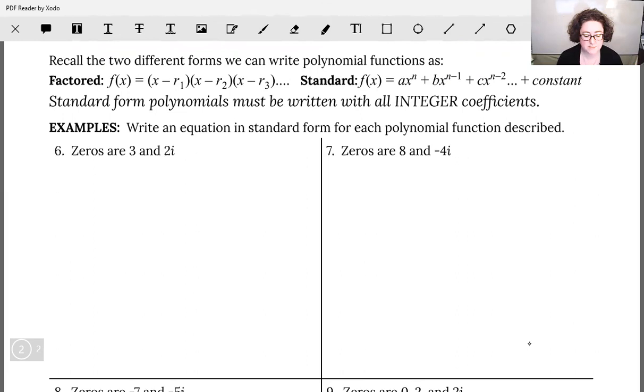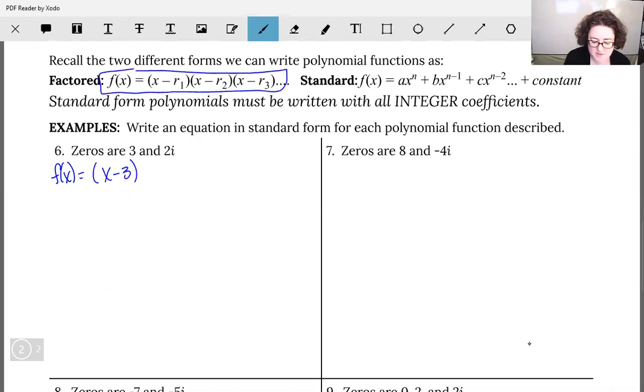So first example, number 6, our zeros are 3 and 2i. Well, 3 is a real number. I don't have to do anything fancy with that. So when I write that part out, I'm just going to write x minus 3. Because again, don't forget, in your factored form, you're always subtracting your root. So then we have this 2i. Well, here's the problem. We can't just put 2i in there. If I multiply that out, my final answer, my standard form that's all multiplied out, is going to have i's as the coefficient.